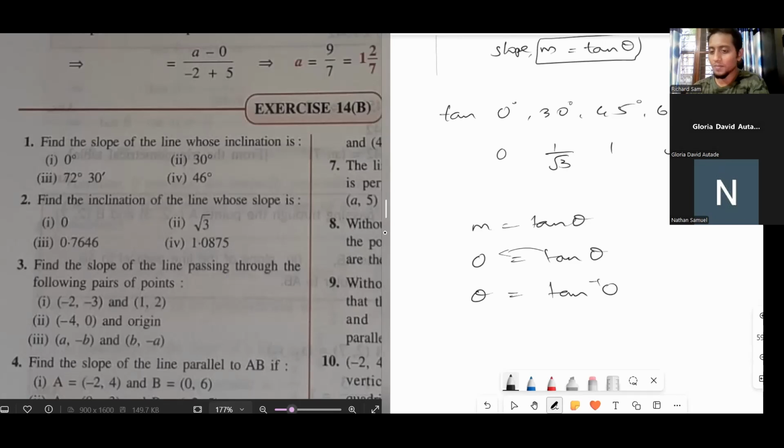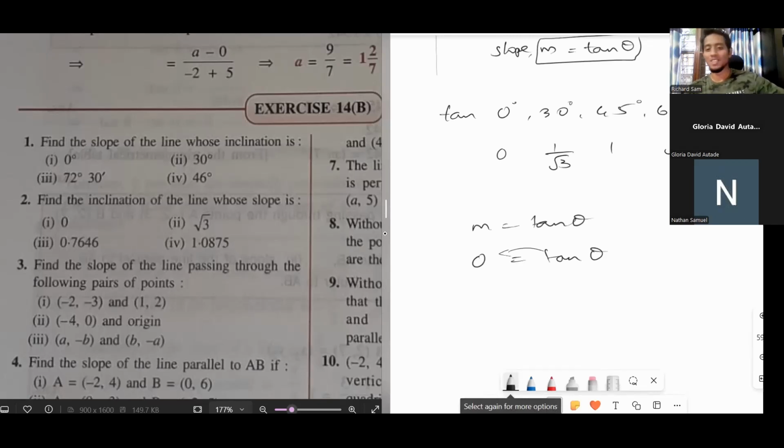So you have to see which theta has this tan value in the table. Wait, this will confuse you, you just see like this.